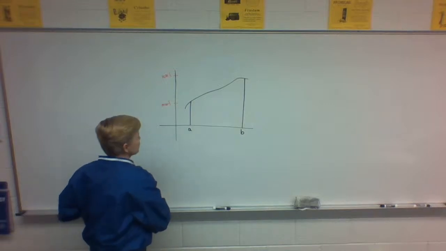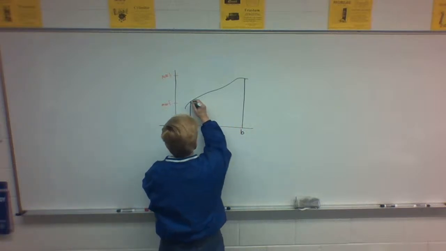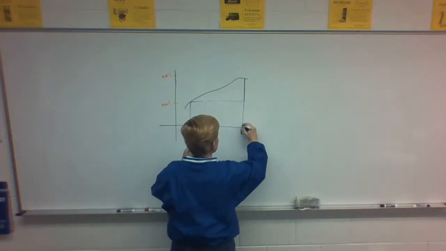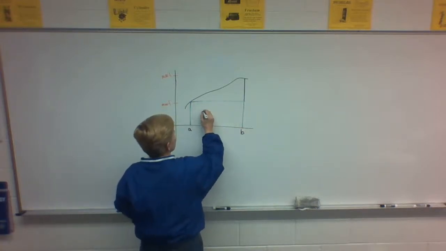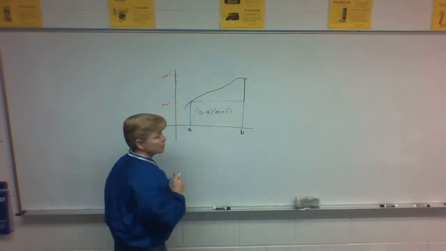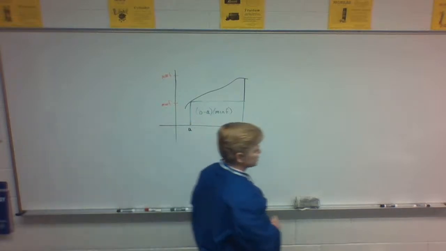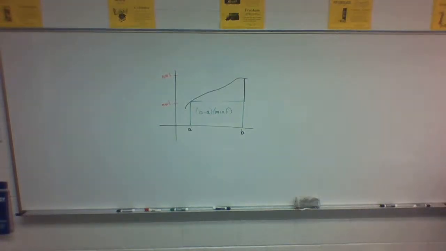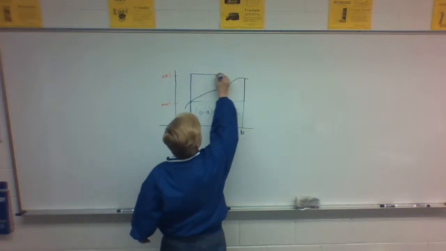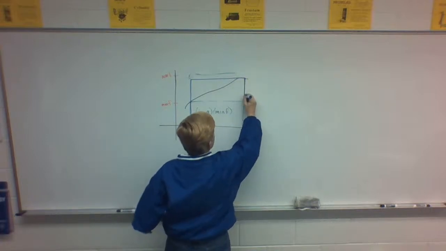If I draw the rectangle that belongs to this distance from here to here and min f, I get this rectangle. Do you agree? And this rectangle's area, the green rectangle's area, is b minus a times min f. That's its area. You buy that? Okay. If I draw another rectangle based on a height of max f, that would be this rectangle here, coming clear down to here, over to here, and then down here like this.